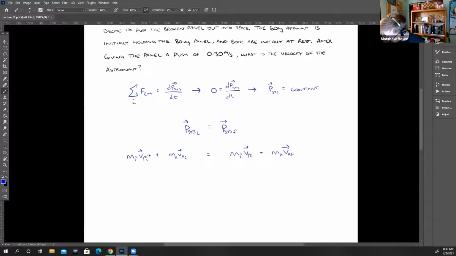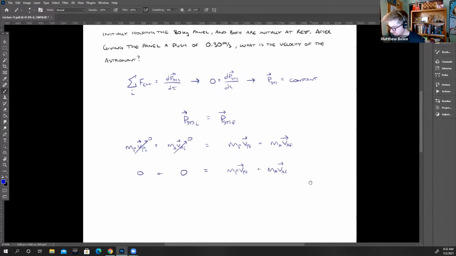So the initial state, the panel is at 0 and the astronaut is 0. They're both at rest. The astronaut's holding the panel at rest. So that means this entire left side is 0 and the right side is the rest. Okay.